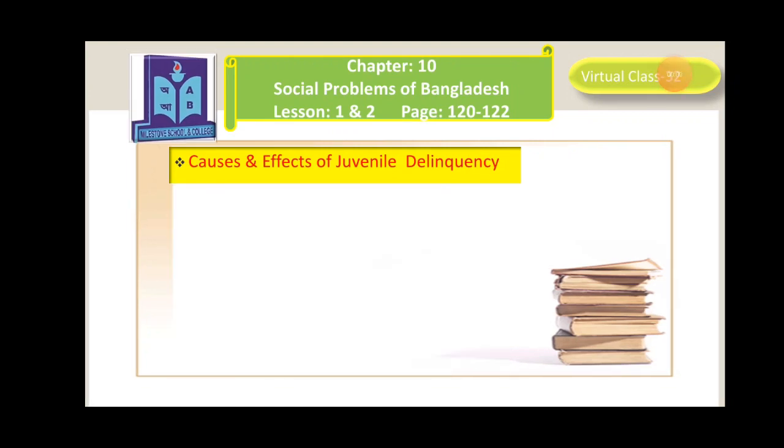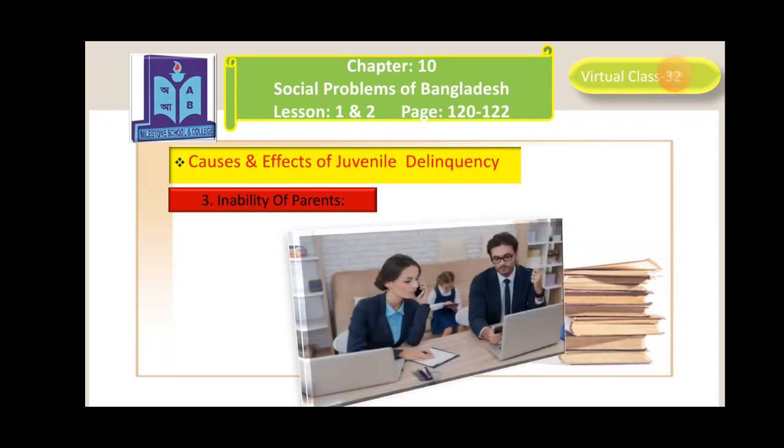And the next, number 3, inability of parents. At present most of the parents, father and mother, are busy with their personal tasks, official tasks and their business, and that's why they don't get more time to spend with their kids, their son and daughter. For that reason the children don't grow up in the proper way.